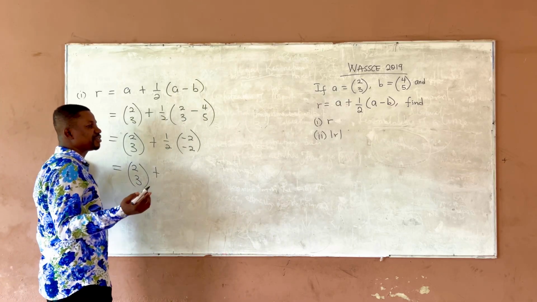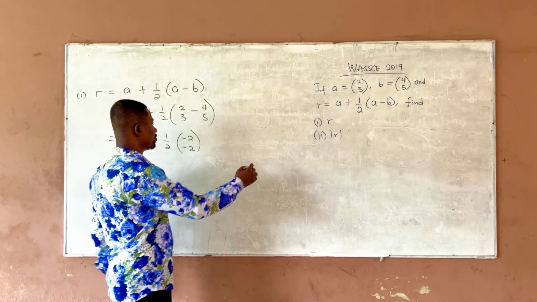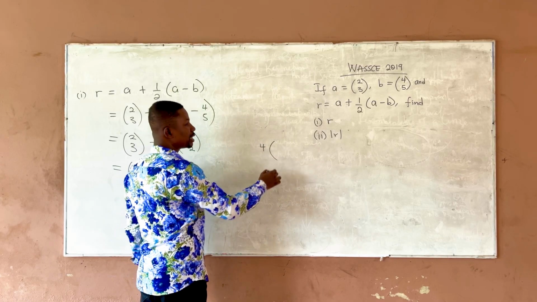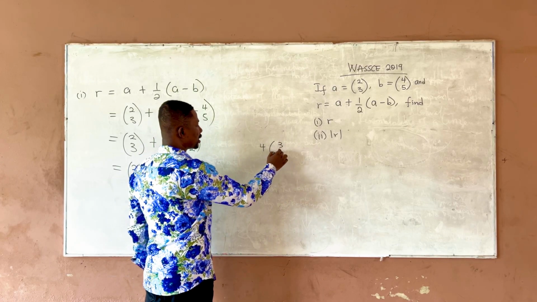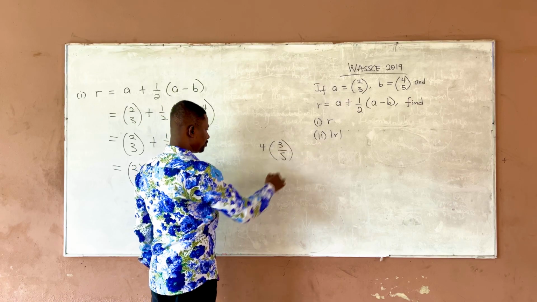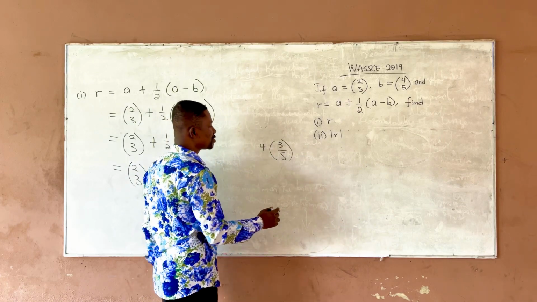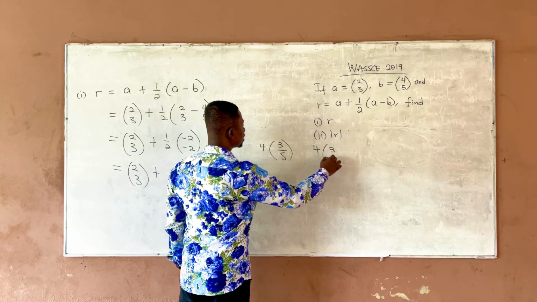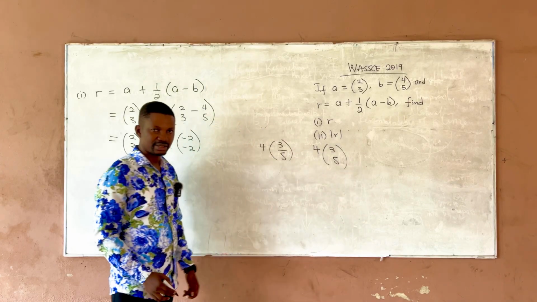Now, in taking half of the vector, let me tell you the difference. If it was, let's say, 4 bracket open, 3 over 5, the approach is different from when you have 4 bracket open, 3, 5, as a vector like this.